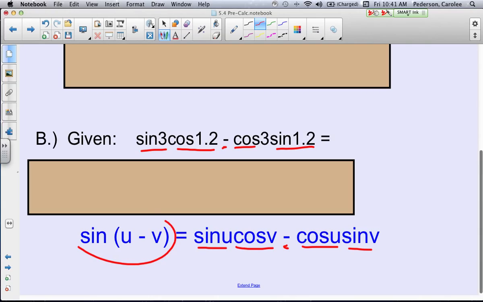So, to simplify it, we use that left-hand side. This represents the u, this represents the v in that equation.